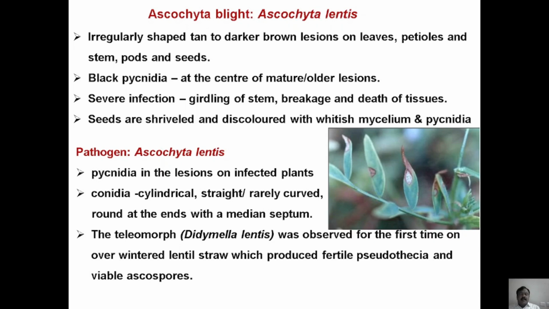The teleomorph or perfect stage of the fungus is Didymella lentis, which was observed for the first time on wintered lentil straw, which produced fertile pseudothecia. Pseudothecia in turn contain asci and ascospores. These ascospores may serve as the primary source of inoculum, followed by the airborne conidia, which serve as the secondary source of inoculum.